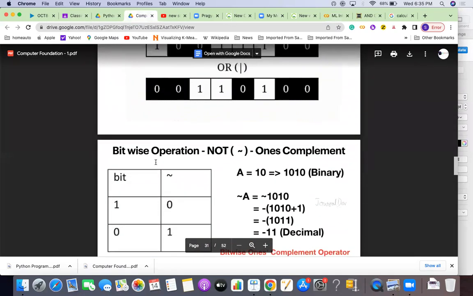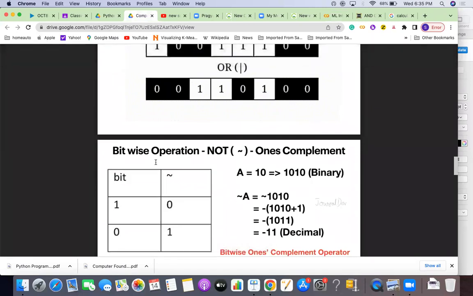So what exactly is one's complement? You looked into one's complement, correct? You guys know what one's complement is, correct? Yes or no? Yes, sir. So what is the one's complement?